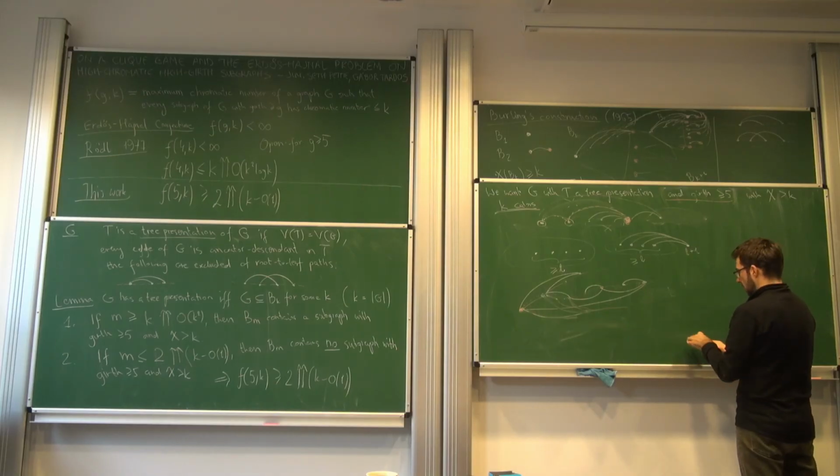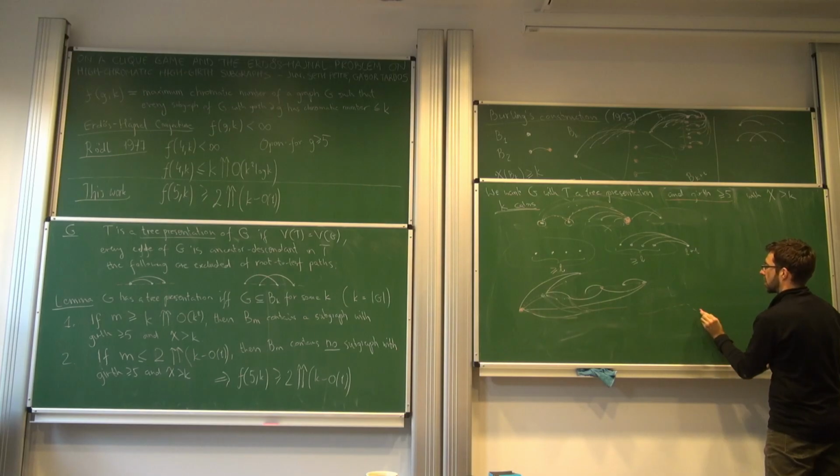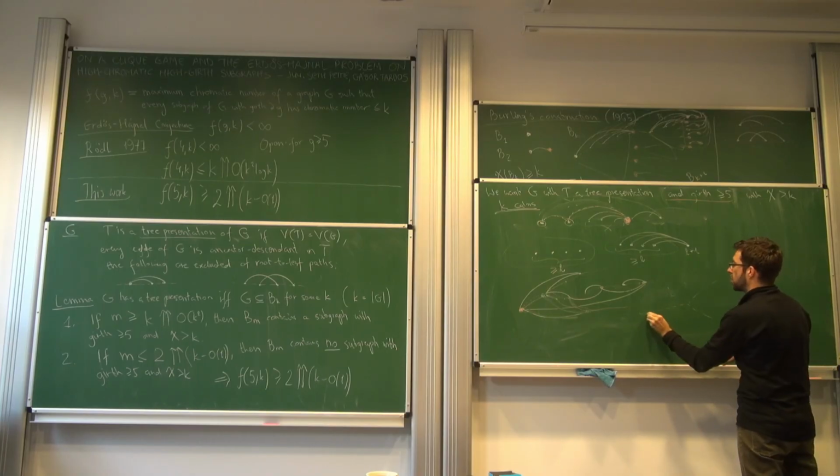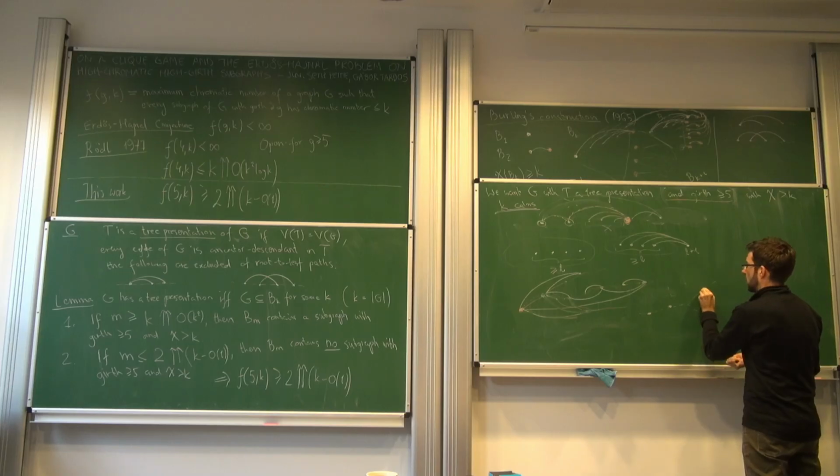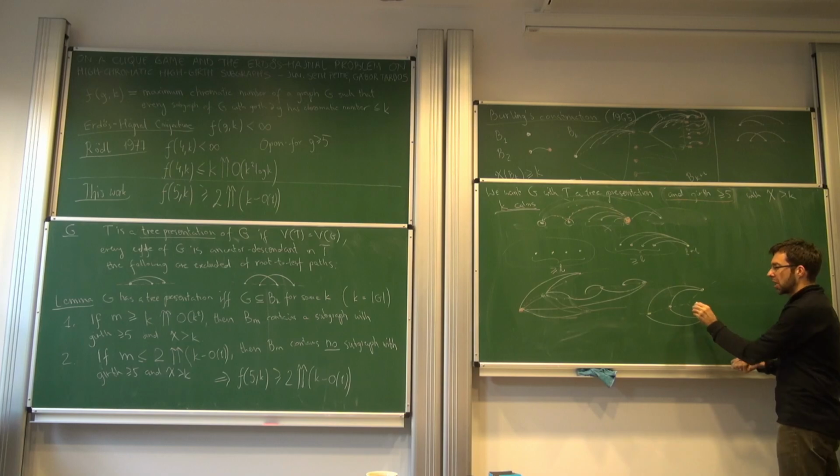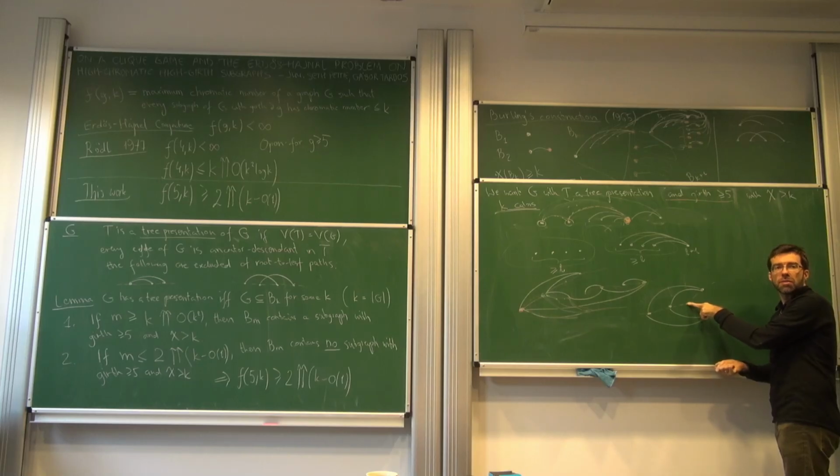So suppose that in the strategy graph, some C4 would appear. In general, this C4 needs to look like that. So we are looking at what happened when this vertex was played.